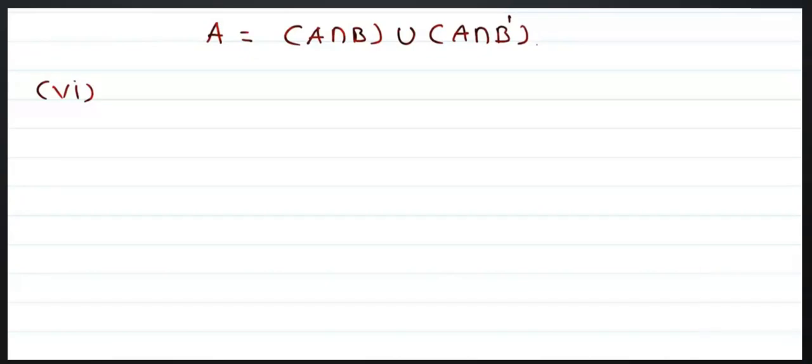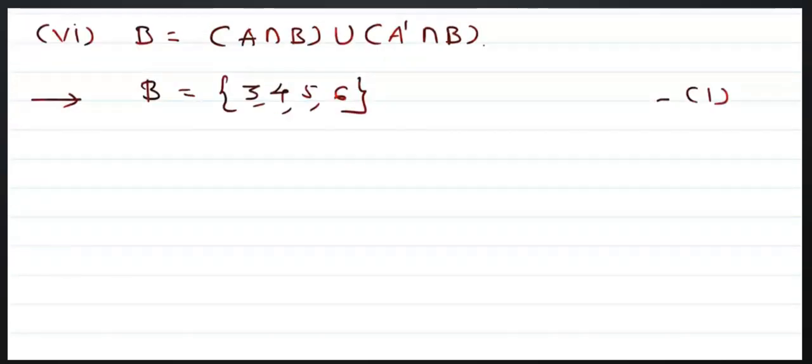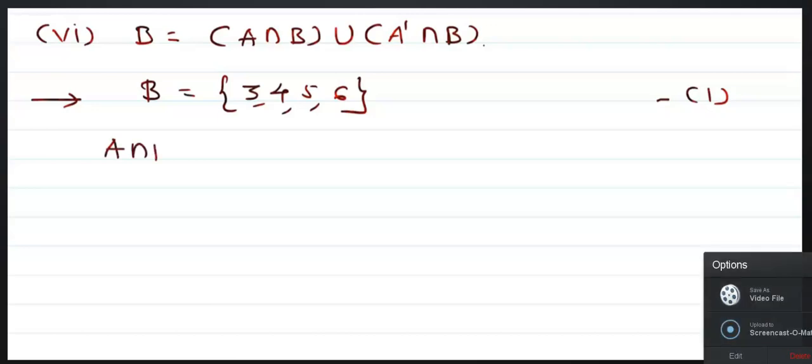Now next is B is equal to A intersection B union A complement intersection B. Now here B is equal to 3, 4, 5, 6.